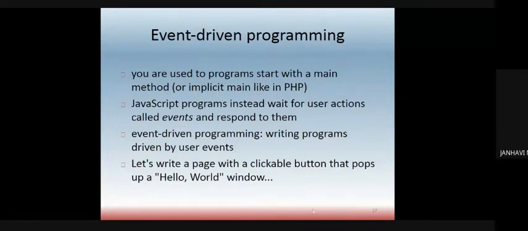So let's write a page with a clickable button that pops up a hello world window. We will look at this program in the next class. Right now just understand that we can create different user functionalities and change the behavior of the web page. This is how it works.